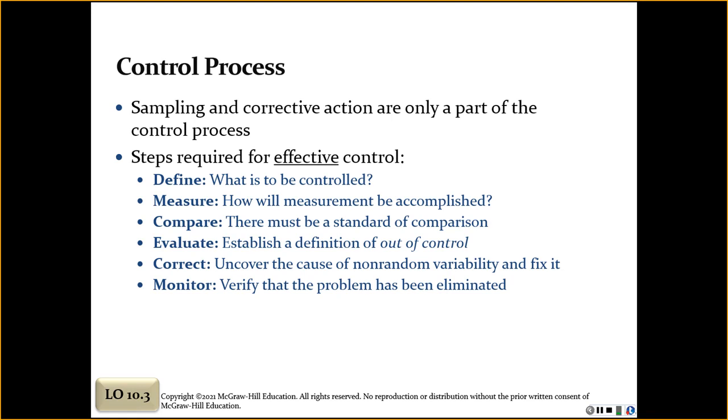The main task of quality control is to distinguish between random output versus non-random output. Some things that could cause non-random output are worn equipment, incorrect methods being used when producing something, and failure to follow instructions. So if you find something that's non-random, you want to fix that problem.